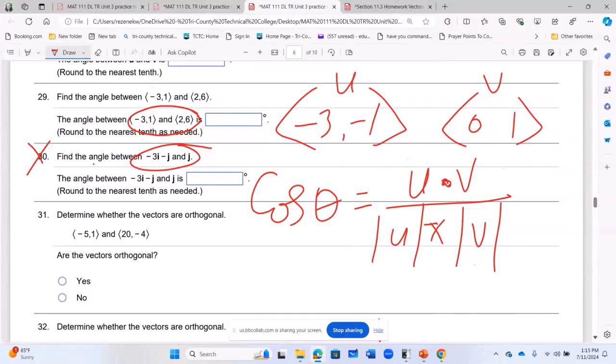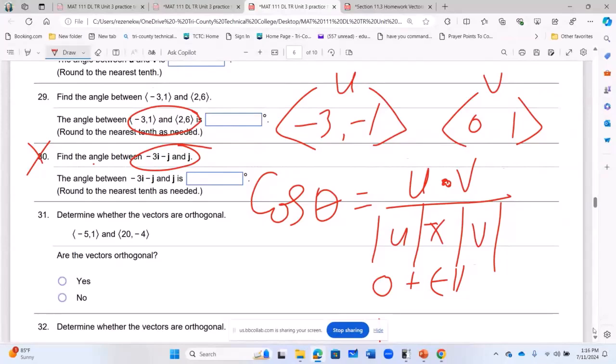Let me just multiply. -3 multiply 0 is 0, plus -1 multiply 1 is -1. When I add them up, the dot product is not 0, it's -1.